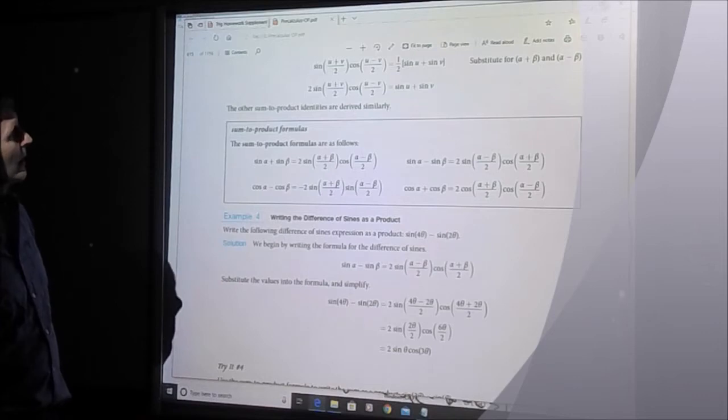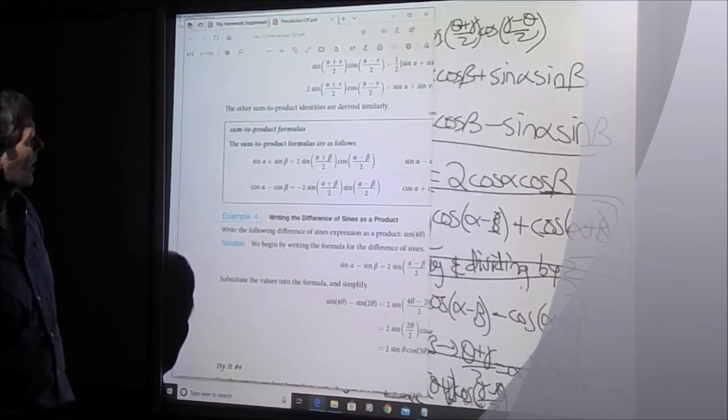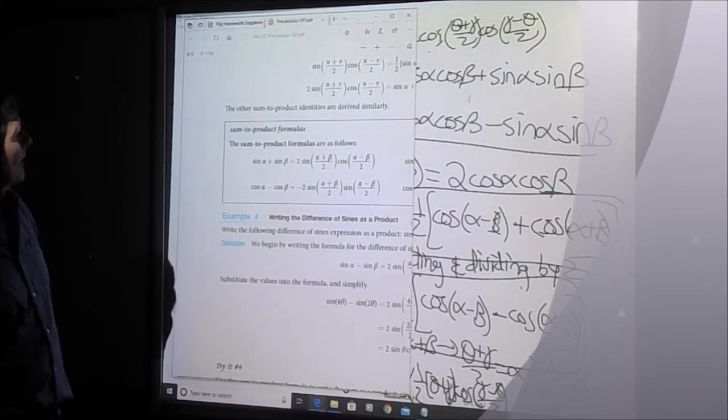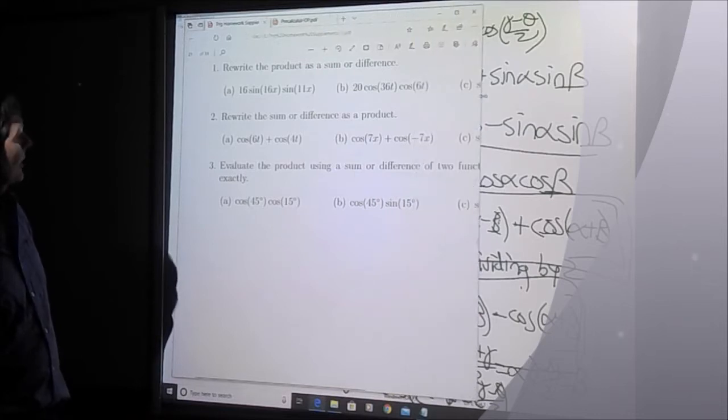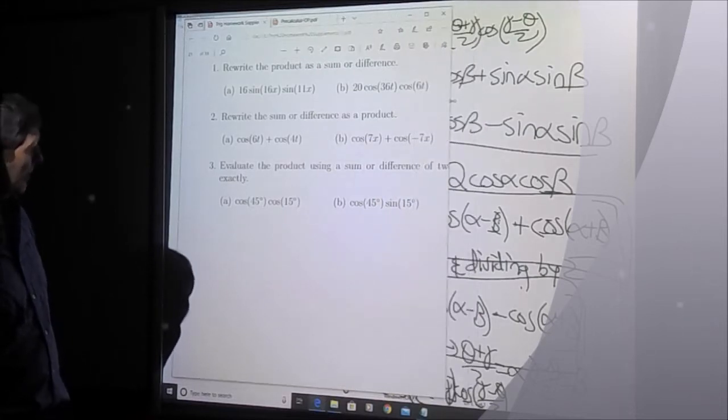Let's see. Let's try and use those to solve this problem here.